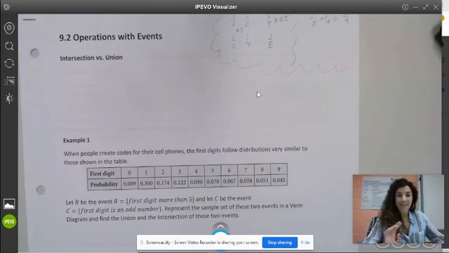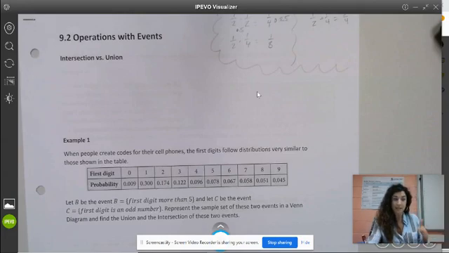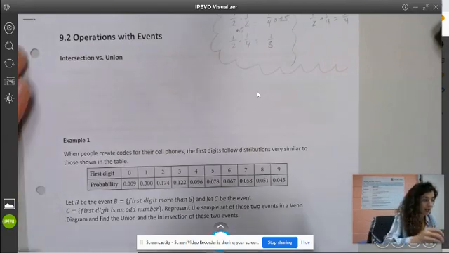Okay. So we have the intersection versus the union, and we talked about this the last time we were in class. In order to be able to do our 9.1 check for understanding, it already assumed that you understood what these were, which maybe you did from your previous class, like Math 10, or maybe you don't remember it, and that's fine.